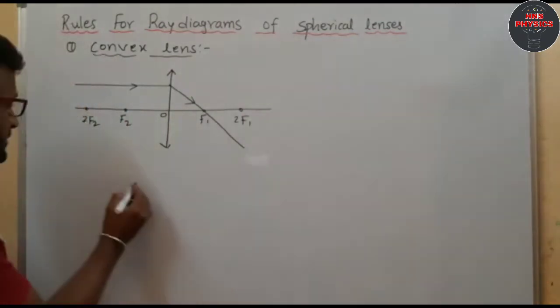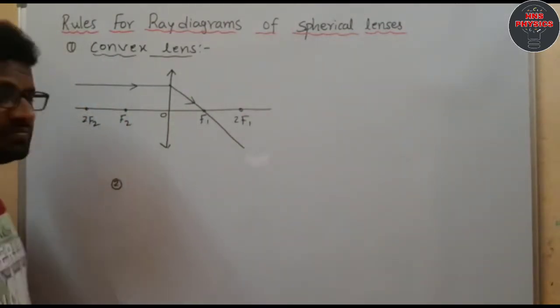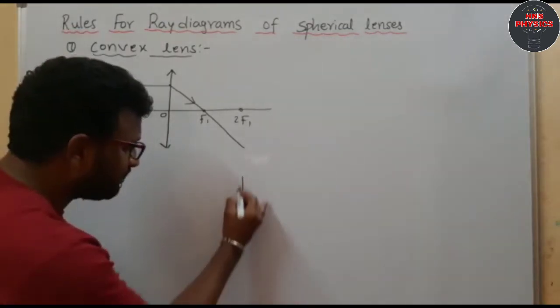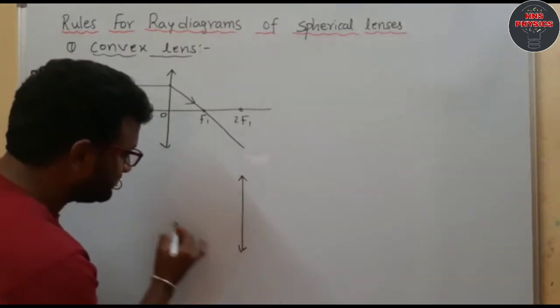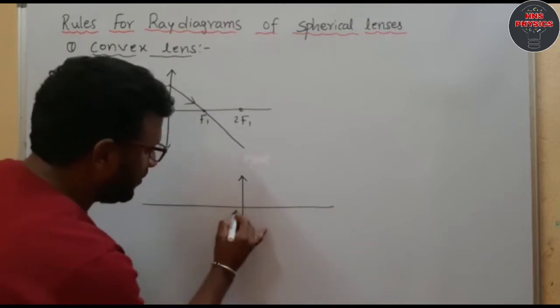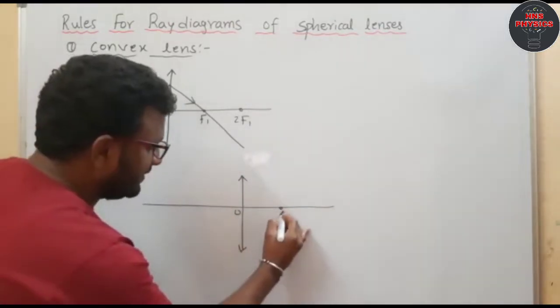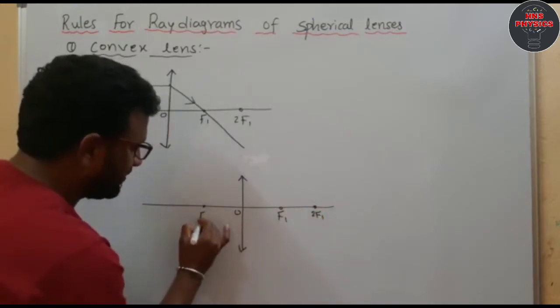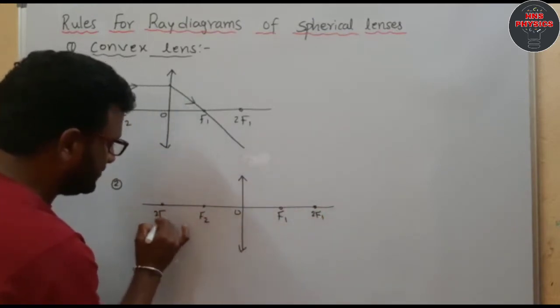Next, come to the second rule. So here again I am taking a convex lens. This is the convex lens symbol. Optic center, F1, 2F1, F2 and 2F2.